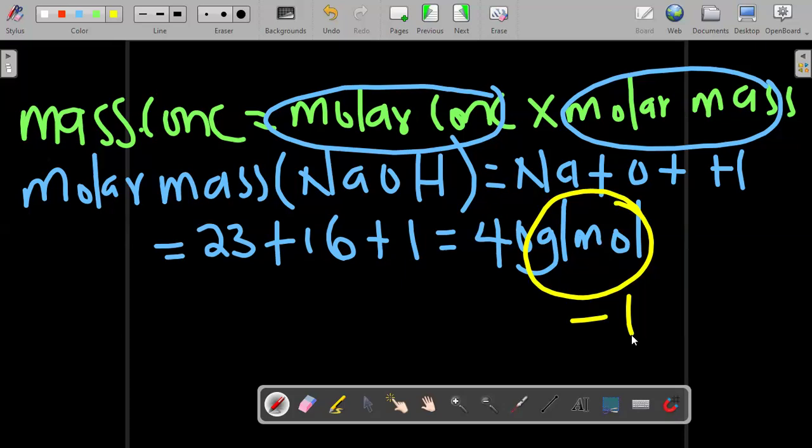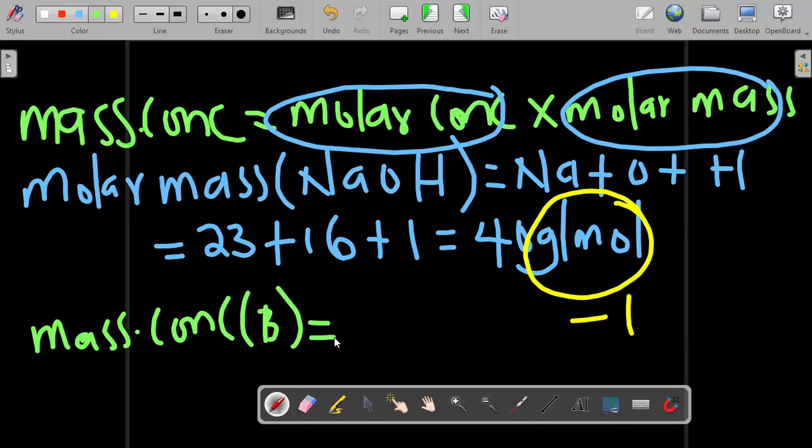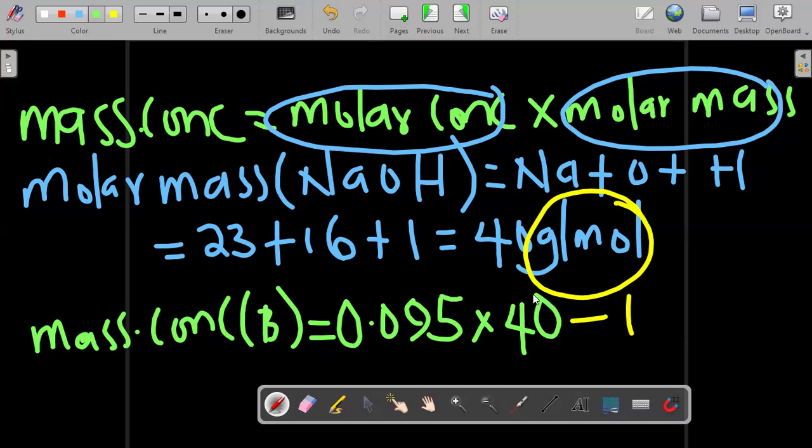So now that I've gotten the molar mass, let's find our mass concentration. Mass concentration of B is equal to the molar concentration we got as 0.095 times 40.